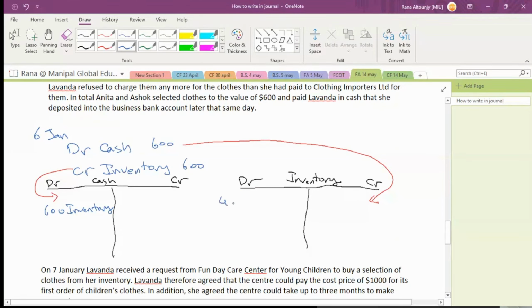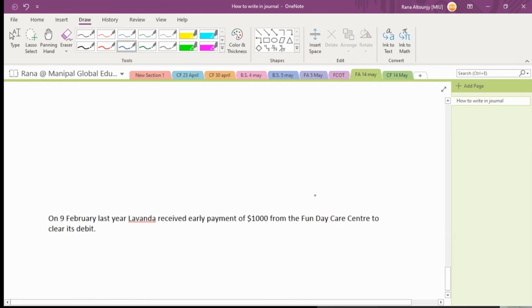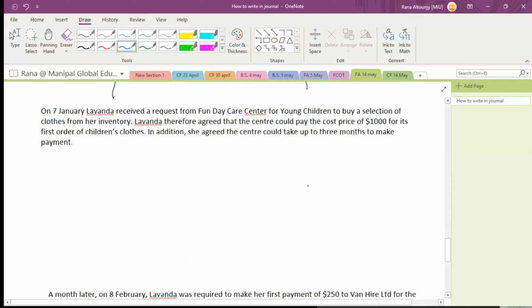So we have the 4,000, the previous transaction. Then we need to add here the 600 we sold in cash. Okay? So let's do the last 3 transactions very fast.